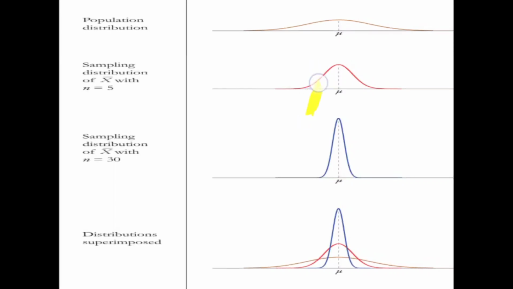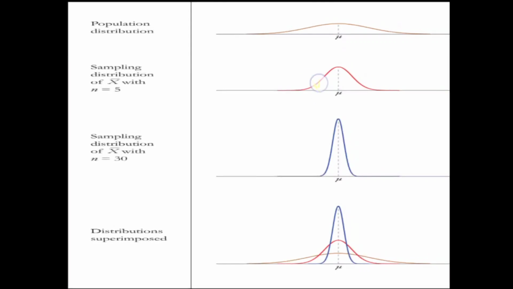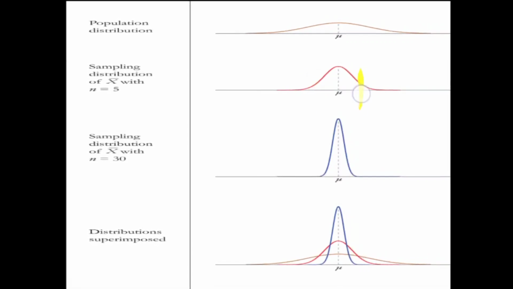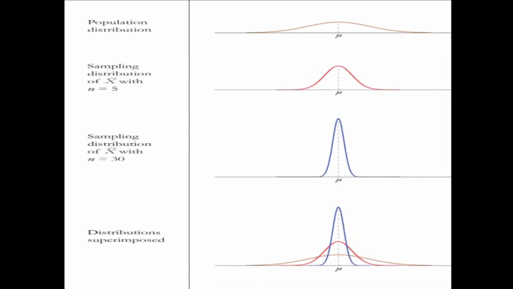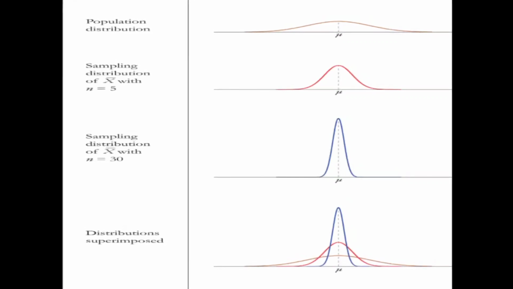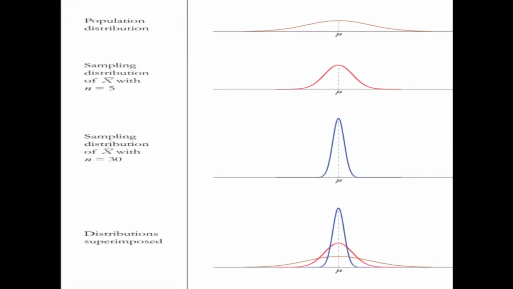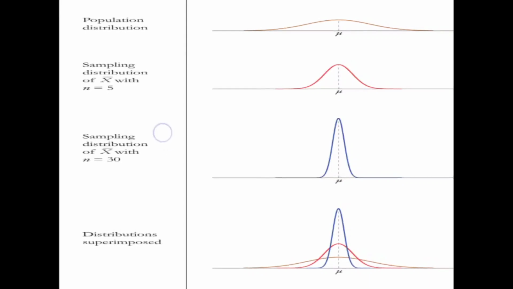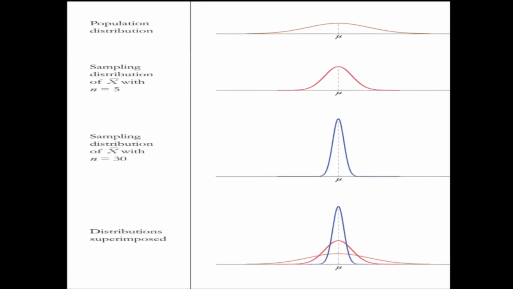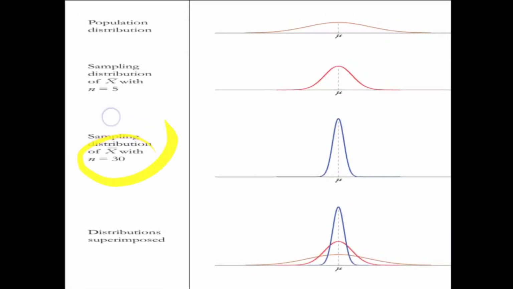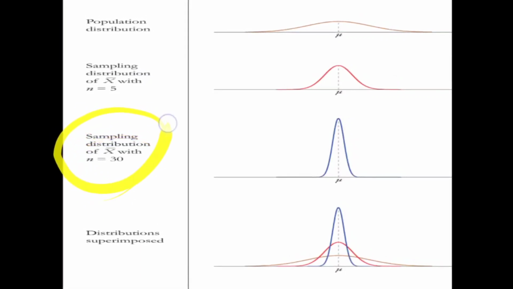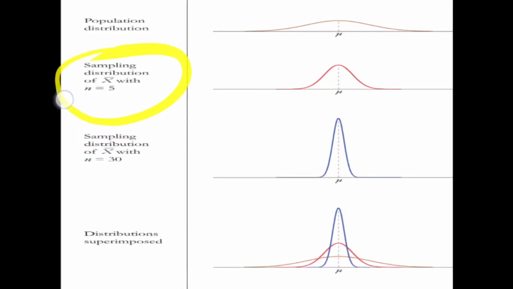While on the red graph, we have sample means here and here, and they are somewhat scattered. So it is best for us to have a big sample size. n equals 30 is better than n equals 5.